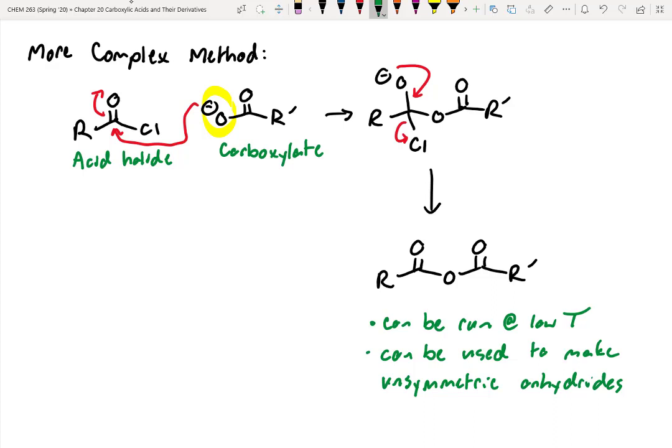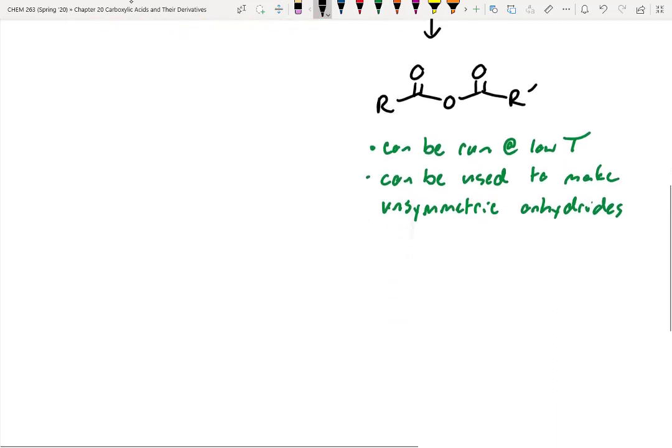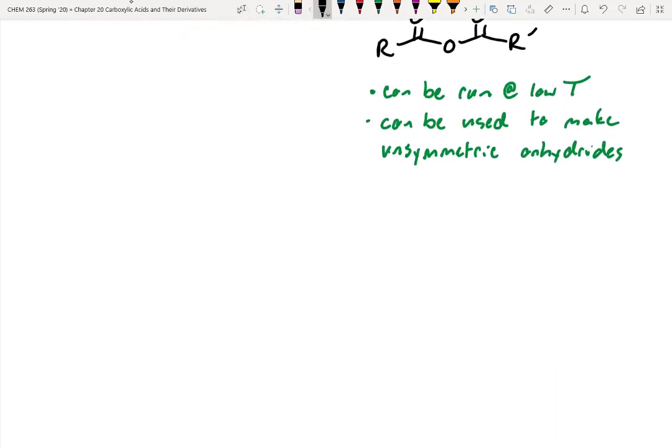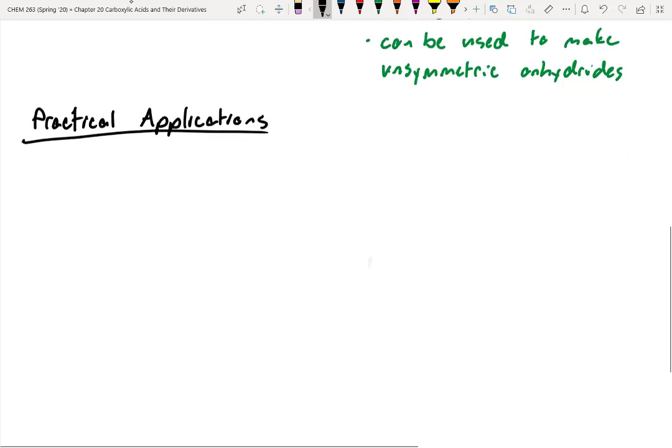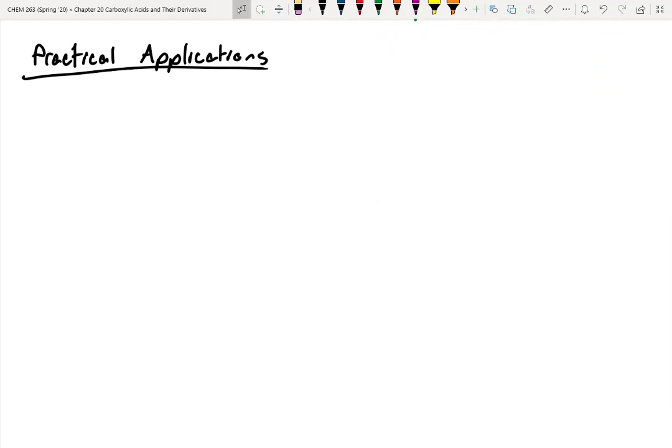All right, let's take a look at this chemistry in a practical context. So let's take a look at practical applications. A lot of these are relevant to those of you that are looking at going into something like pharmacy or medicine.